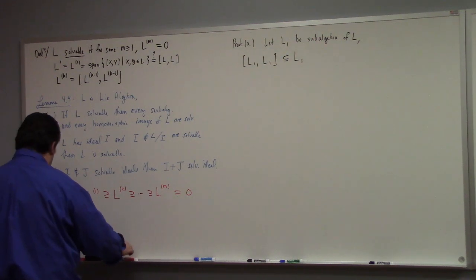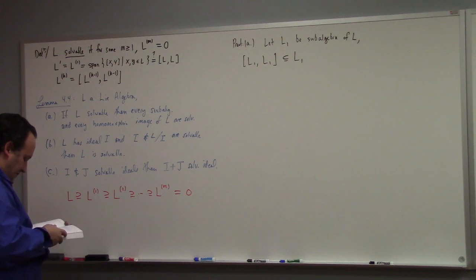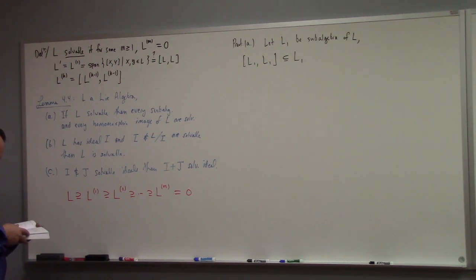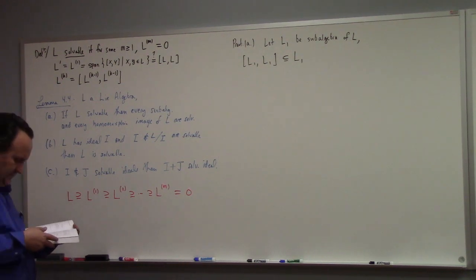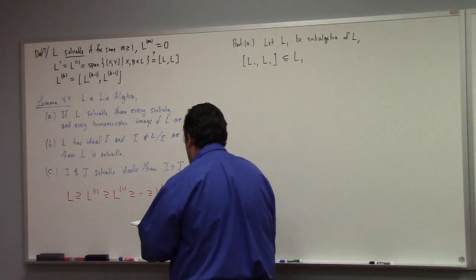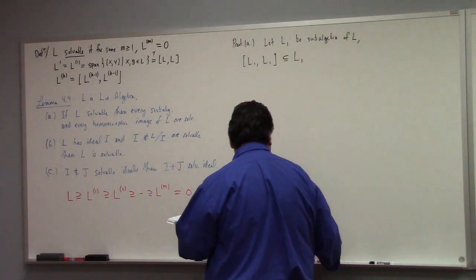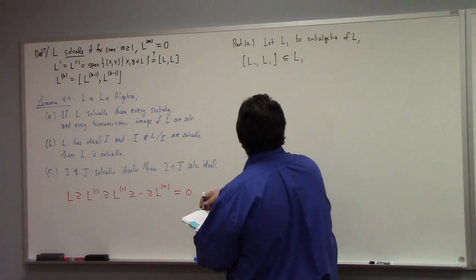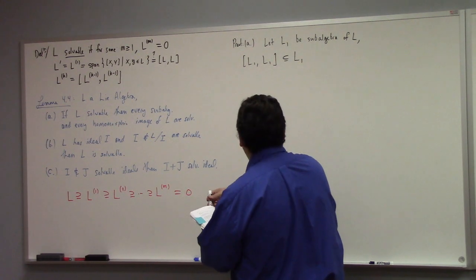So what does he say in his proof? He says it's clear that L1 of k... let me think about this. What do we know?